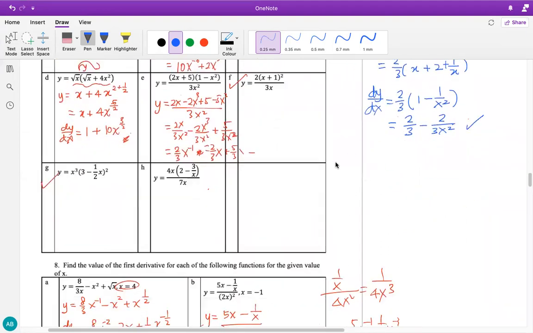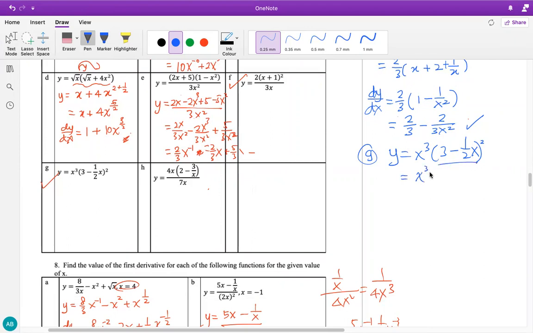For G, right? So G, y equals x cubed times 3 minus 1 over 2 x, squared. Sorry, squared. So you expand first.